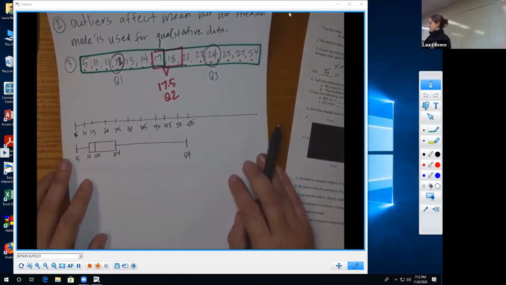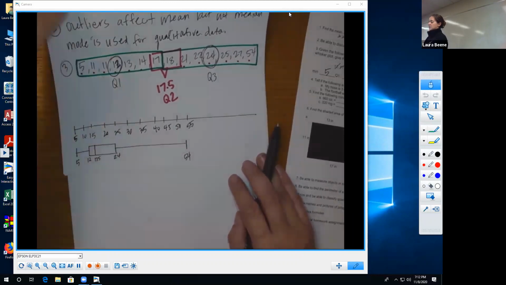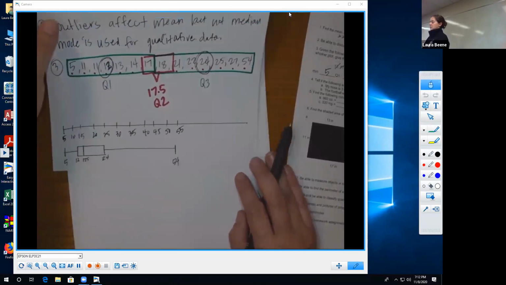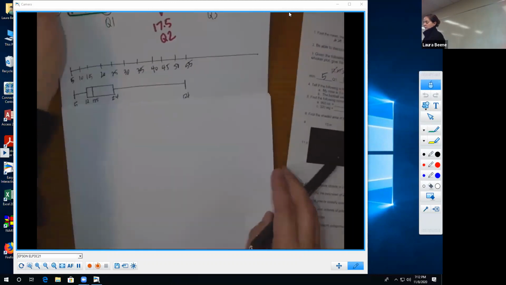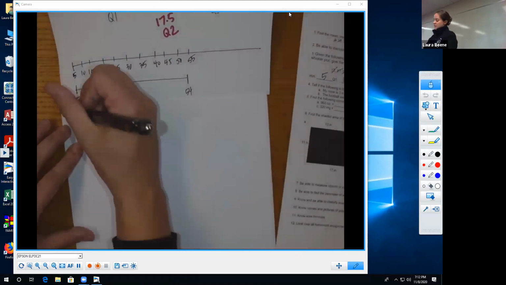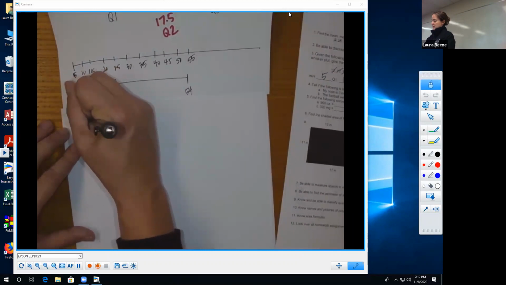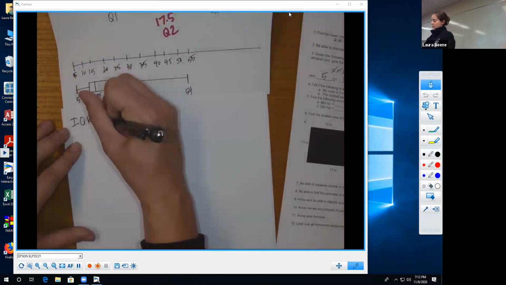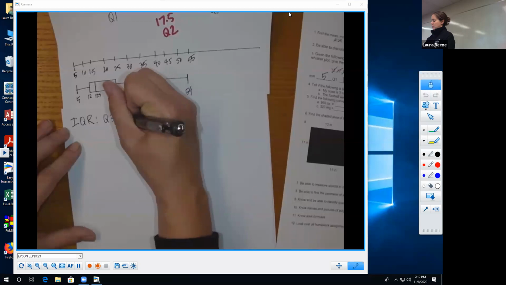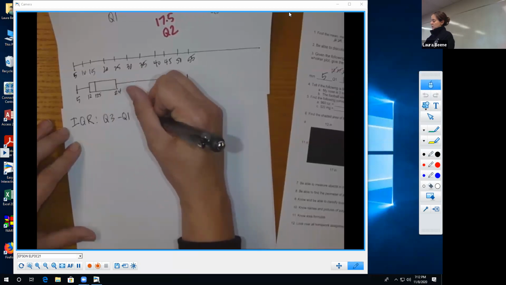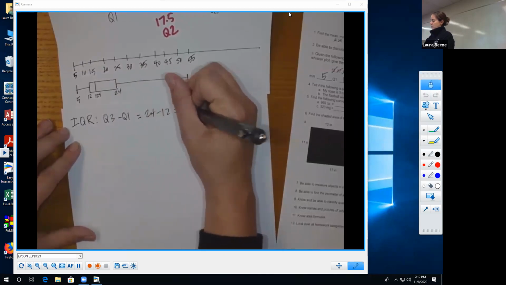We need to find the interquartile range and then use that to find the outliers and tell if there are any outliers. So the interquartile range is Q3 minus Q1, which is 24 minus 12, which is 12.